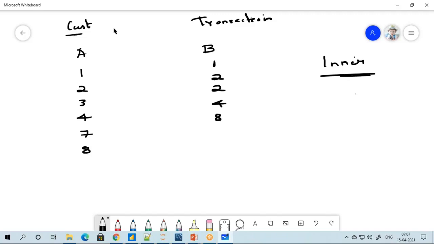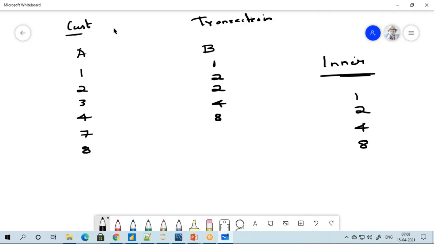1, 2, 4, 8. Okay, is this correct? Anyone who says this is wrong?